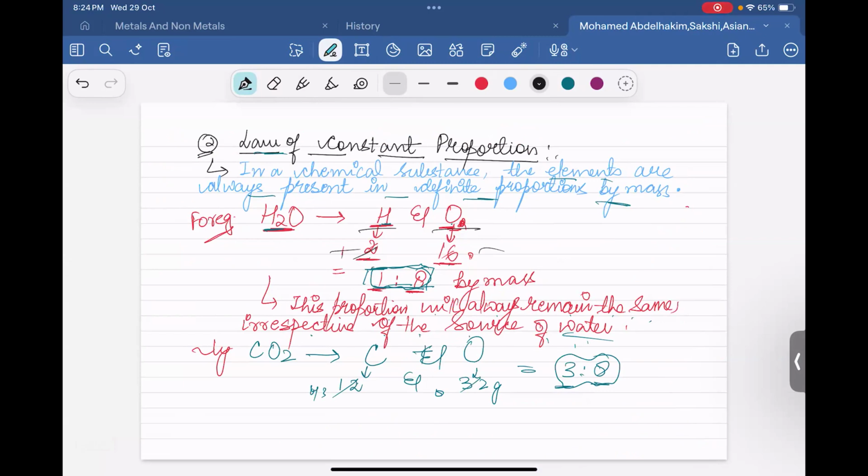When we divide it by 2, that is 2 by 2, it is 1 is to 8 by mass, means this proportion, that is 1 is to 8, will always be the same whatever kind of water is present. Write the full answer by giving an example, then only the teacher will give you the whole marks, inshallah. Understood what I'm saying? Yes, ma'am.